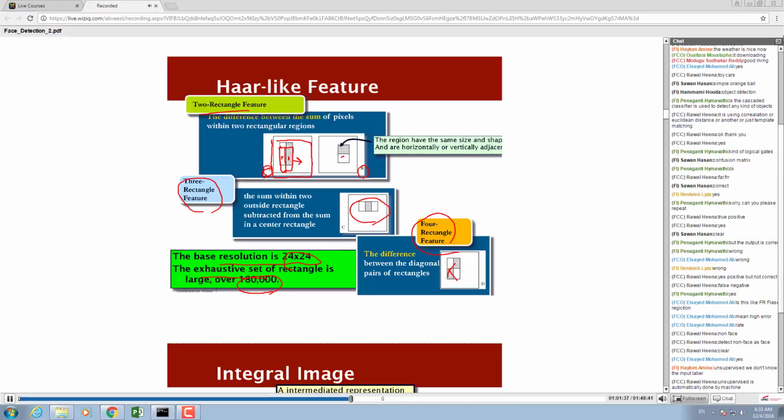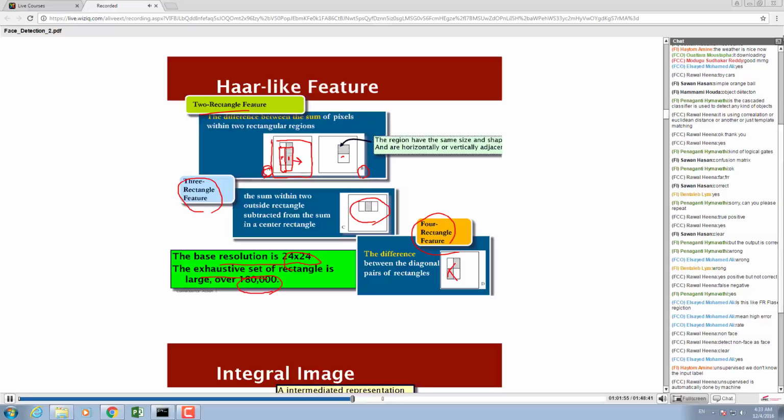So just using these three categories, 2 rectangle, 3 rectangle, 4 rectangle, you can generate 180,000 different types of features. That's the basic starting point for the training.